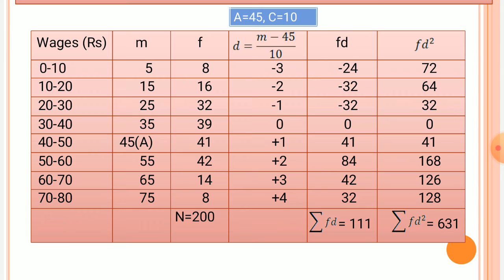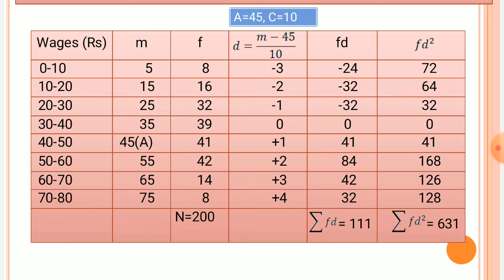And then here from this class interval we have to calculate mid value or midpoint that can be calculated as L plus U by 2, lower limit plus upper limit divided by 2. 0 plus 10 by 2, 5, 10 plus 20 by 2, 15, 20 plus 30 by 2, 25, 30 plus 40 by 2, 35, 40 plus 50 by 2, 45, 50 plus 60 by 2, 55, 60 plus 70 by 2.